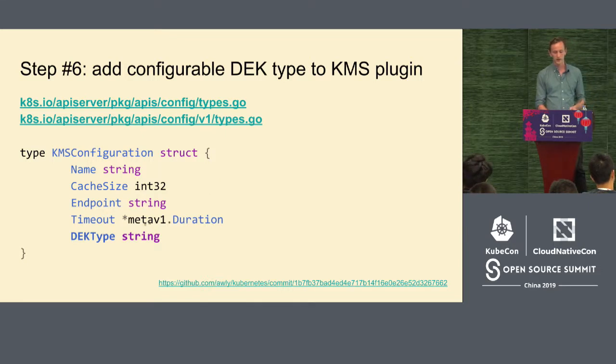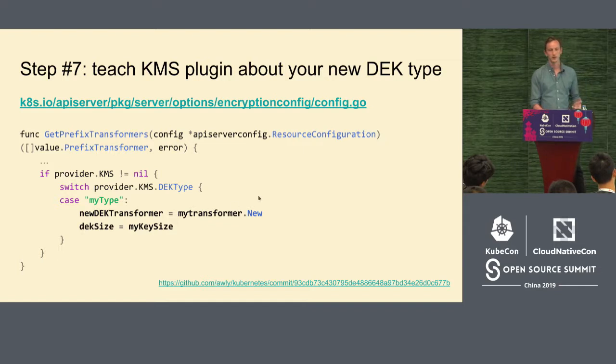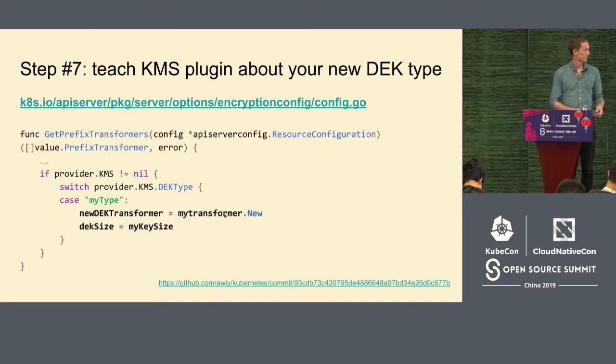So here I added a DEK type field to the existing KMS configuration, and that's the YAML configuration blob that's being parsed. And then I added a switch to the function that initializes the KMS plugin, where based on the type, I will replace the function that initializes the transformer, so I can reuse the same transformer from the first step.